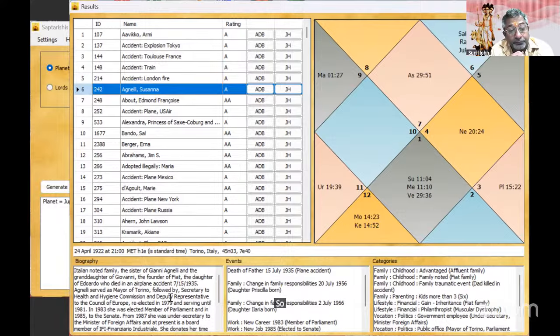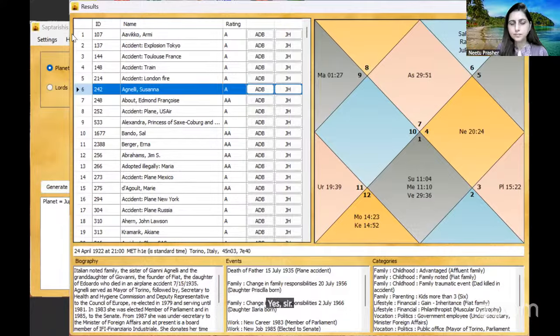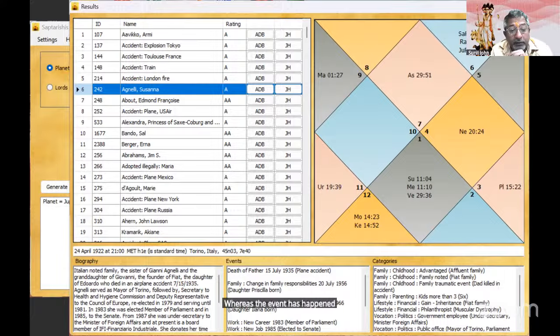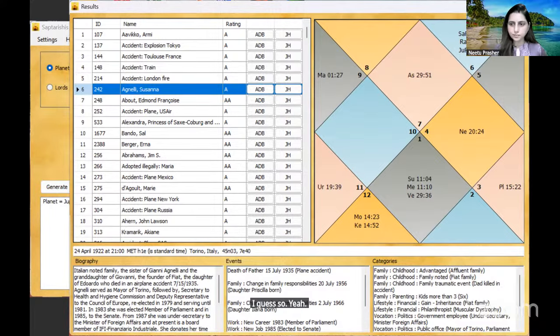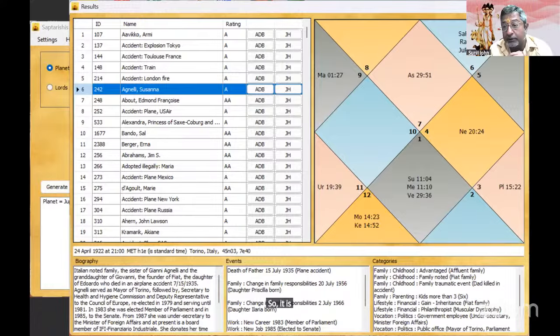So April 1922 plus 13 years, or the 13th year, will be 1932 plus 35, so 34th April to 35th April. Am I right? Yes, sir. Whereas the event has happened two and a half months later. Yes, sir.